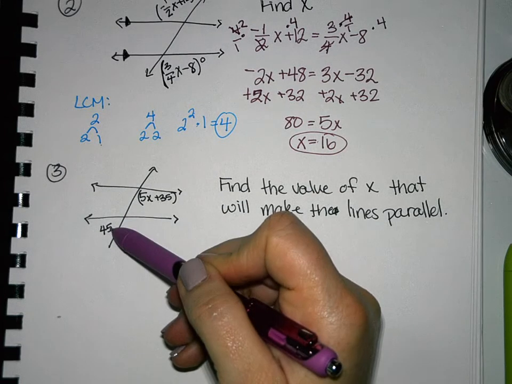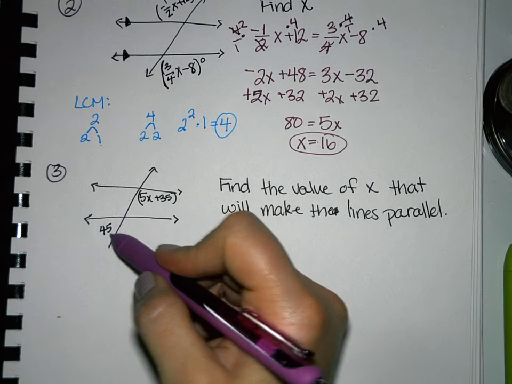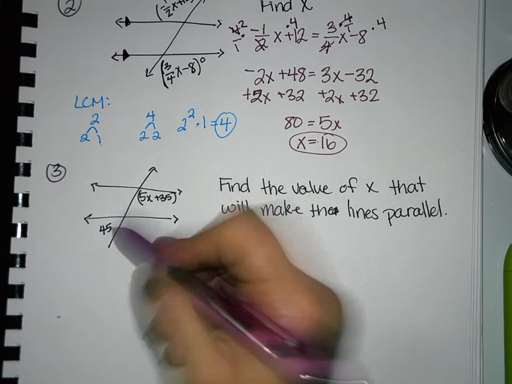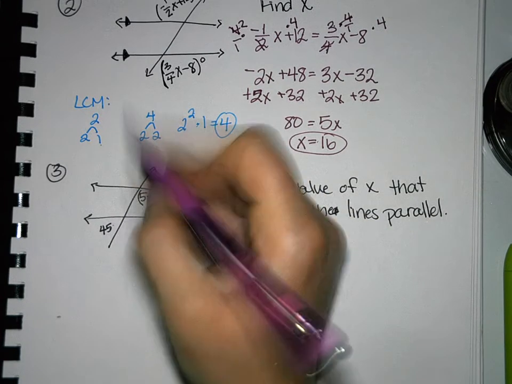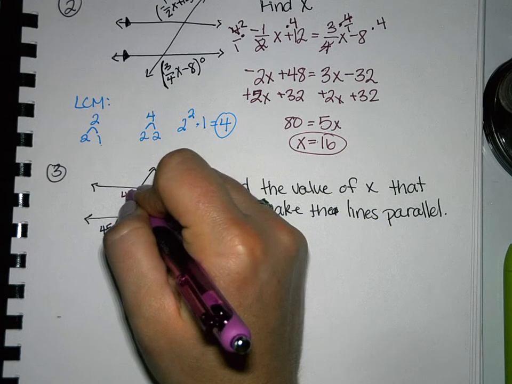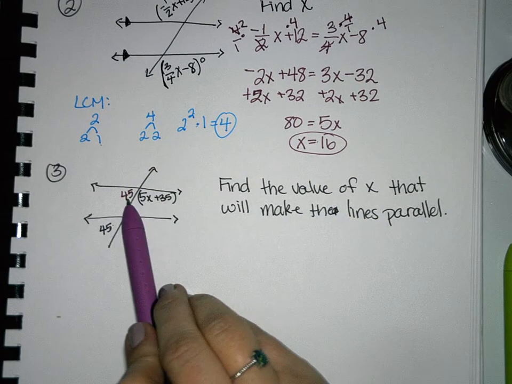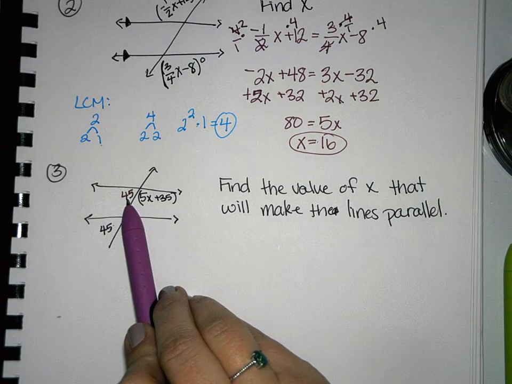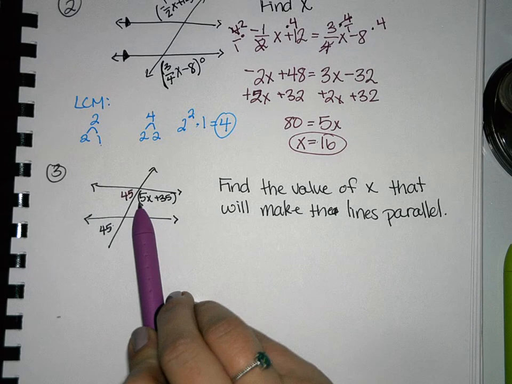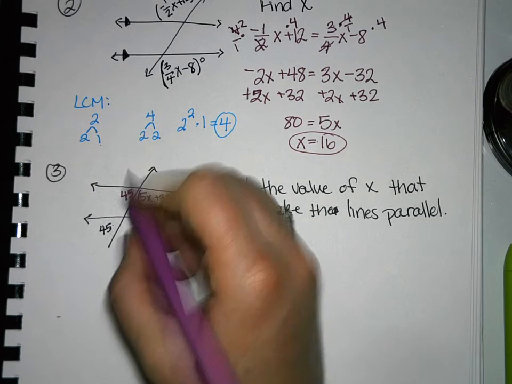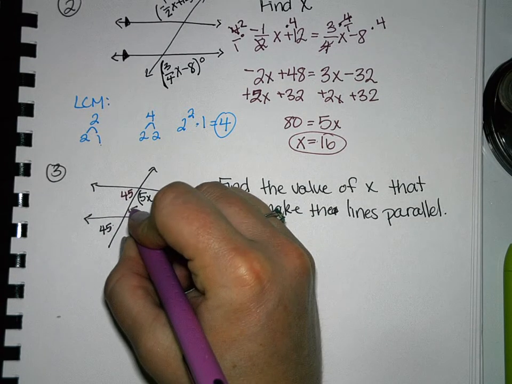Okay, so this one, we have to do a little bit of thinking first before we can set that to 180. So 45 is a corresponding angle to this one. So I know that one's also 45, making these two adjacent, so we have a linear pair. You could have also used vertical angles to move the 45 inside here to again get the same relationship.